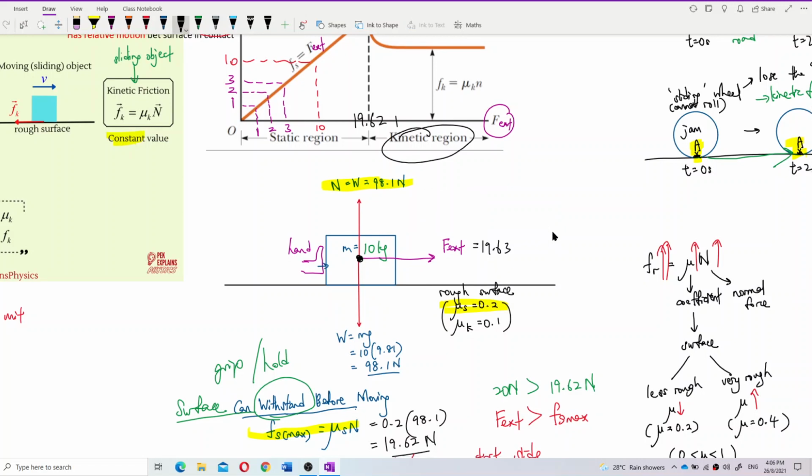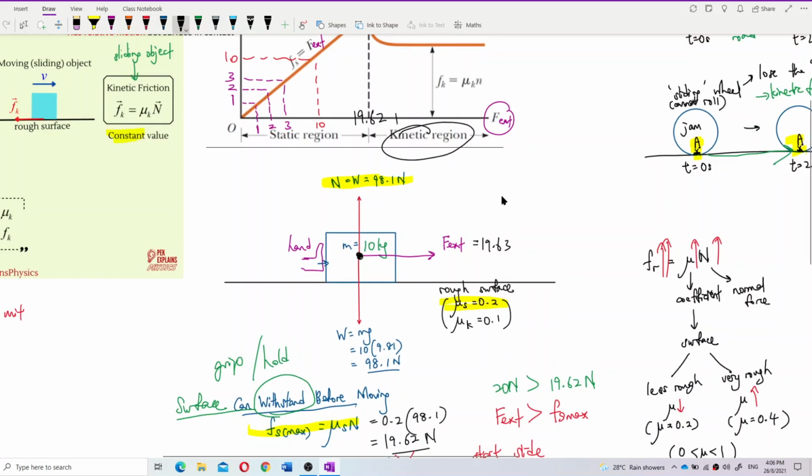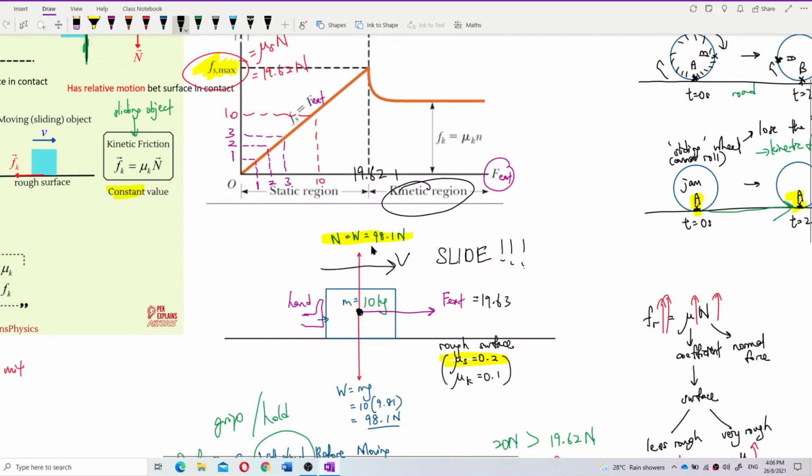When it starts to slide, that means it has velocity already. The block has started moving. So the friction suddenly drops to a lower value, called the kinetic friction. Fk equals mu K n.